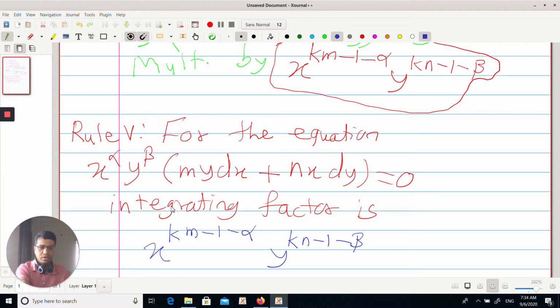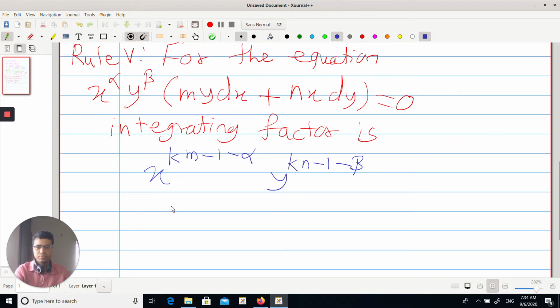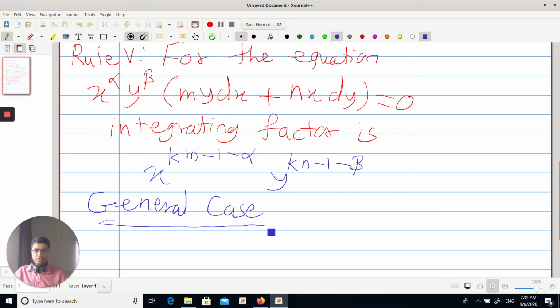Now we consider the general case. In the general case, we have two such factors.